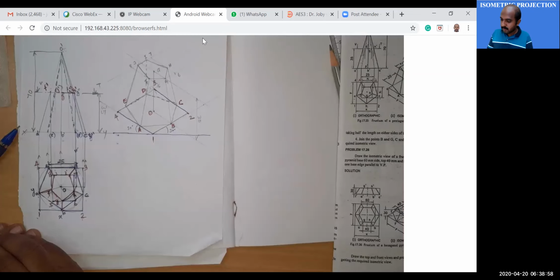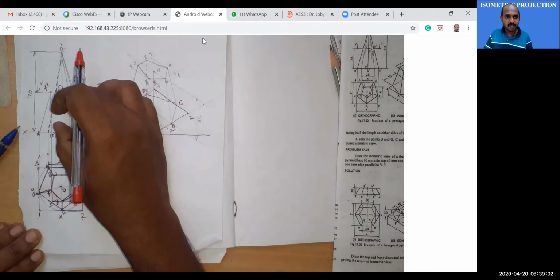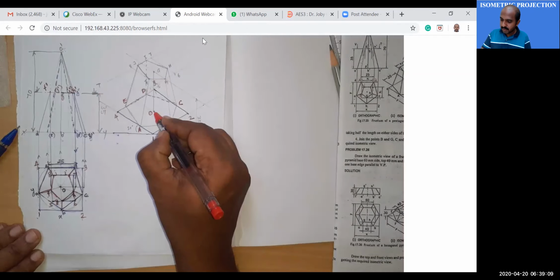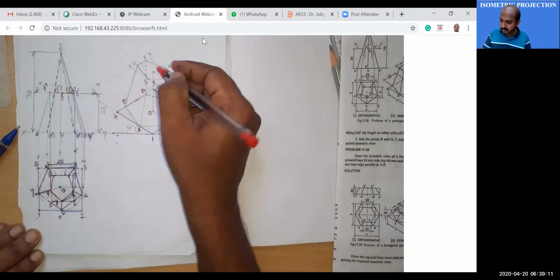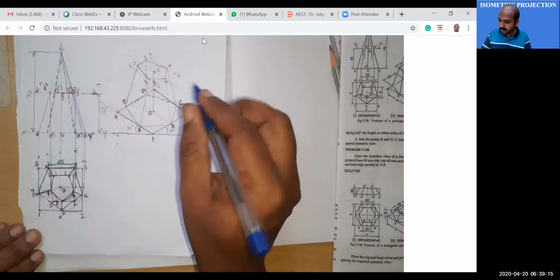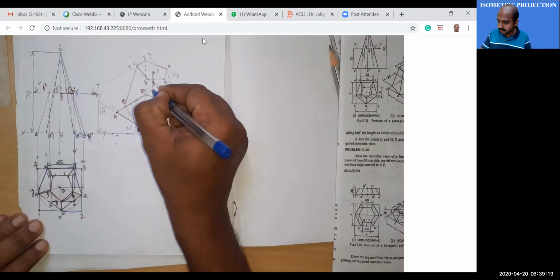Then from this capital O, what is the height of the first drum? The first drum is given as 35. From this O, you mark 35 mm height. This is represented by a chain thin line.